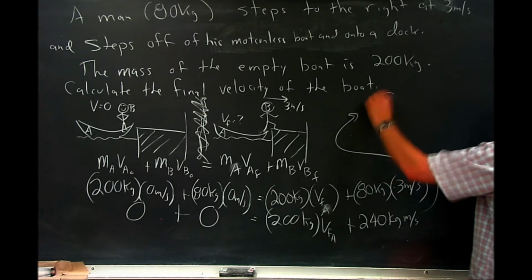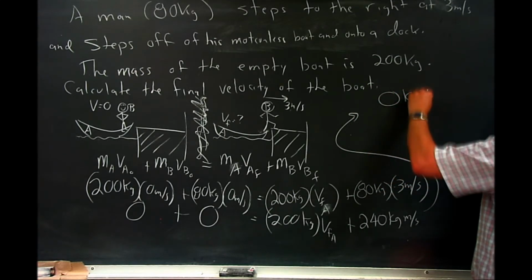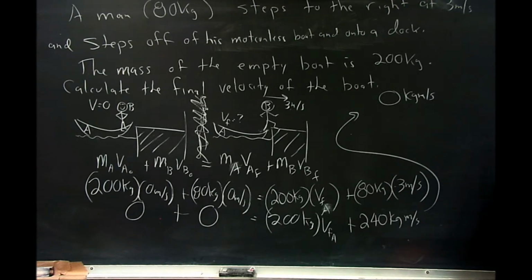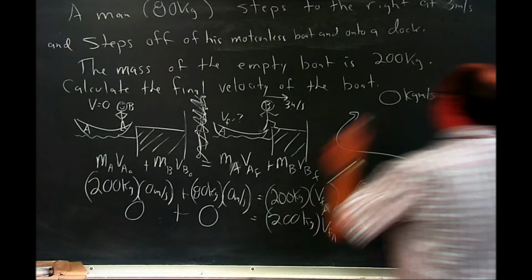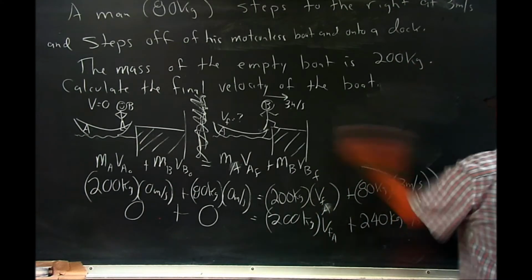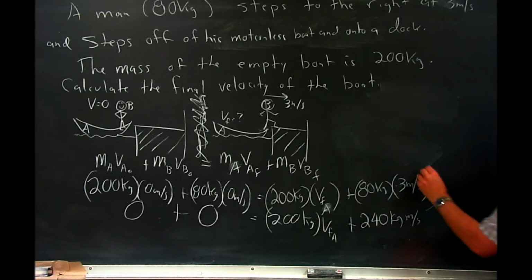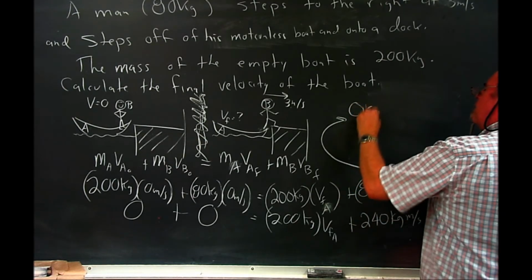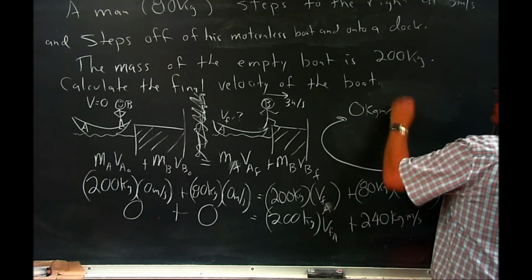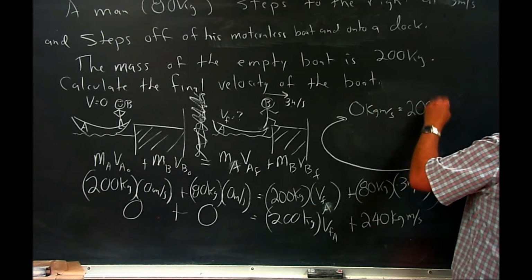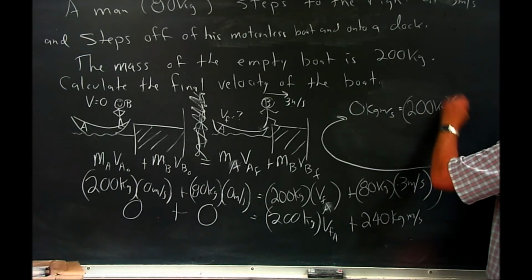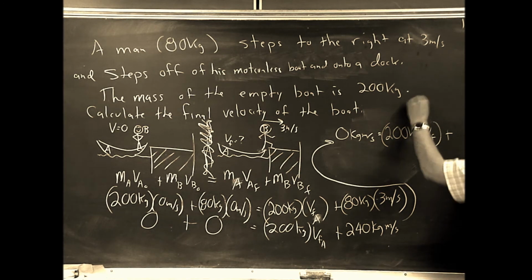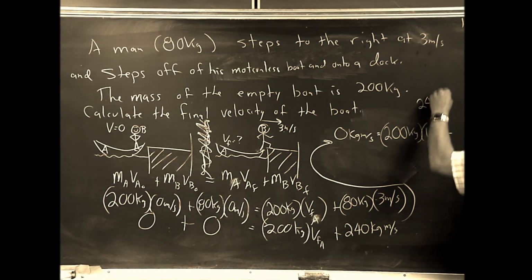On the left side we have 0. So I'll have 0 kilograms meters per second equals 200 kilograms times V final plus 240 kilograms meters per second.